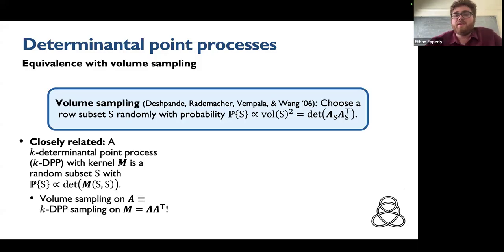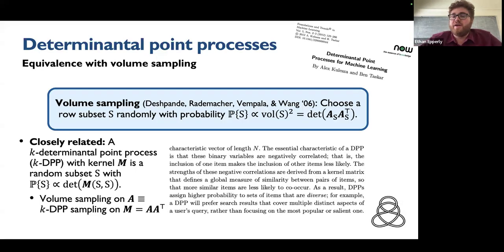So there's a wealth of mathematical knowledge about determinantal point processes that can be leveraged to understand volume sampling, and now vice versa. And I should mention there's a very nice survey from 13 years ago about determinantal point processes for machine learning.